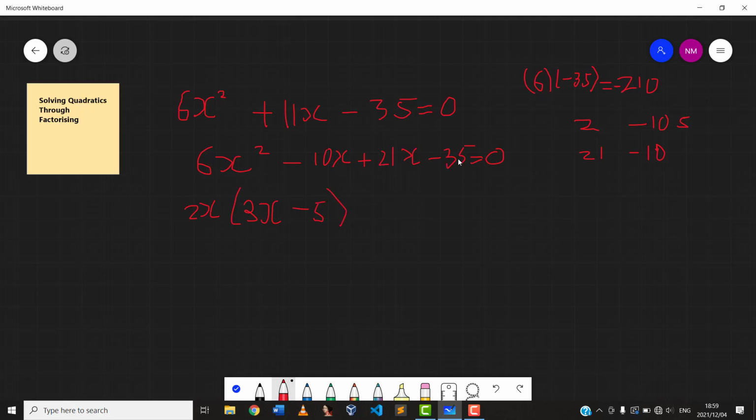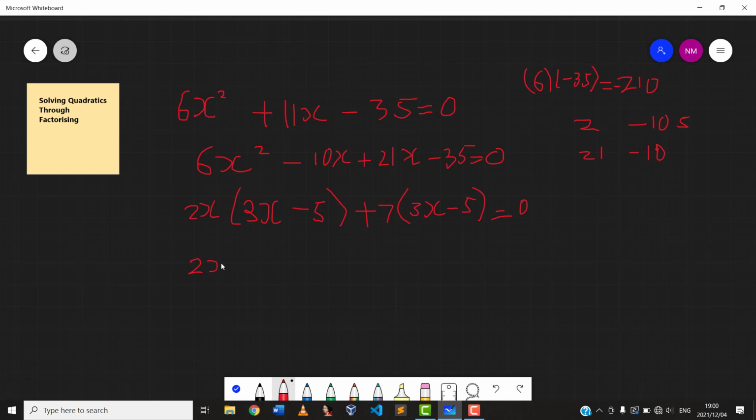And for 21x minus 35, that should be 7. So 3x minus 5 equals 0. Now you can see that the two expressions, 3x minus 5 and 3x minus 5, are the same.